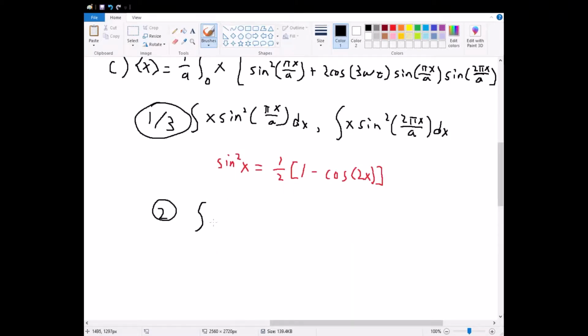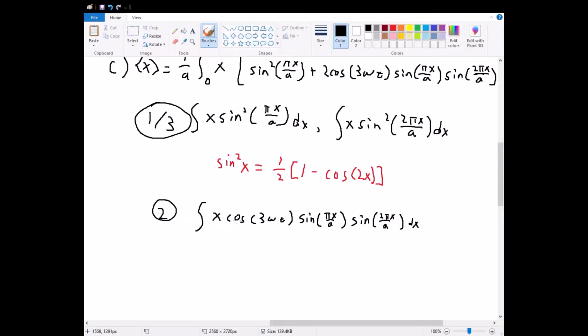Term number 2 is an integral of x times cosine of 3 omega t times sine pi x over a times sine 2 pi x over a dx, where I'm excluding all of the constant numbers because those don't actually play a role in our integral anyway.